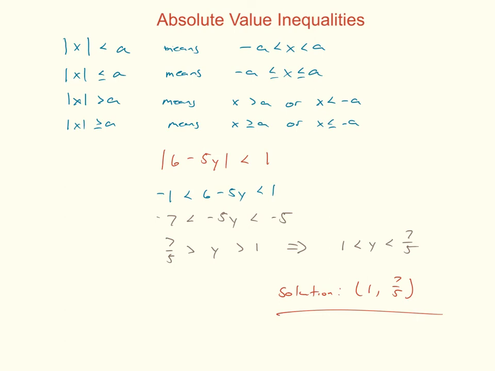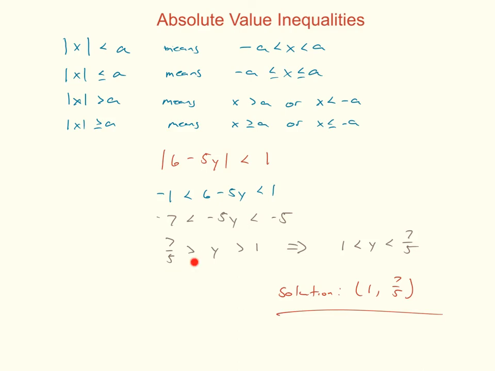In this case, I have the absolute value of 6 minus 5y is less than 1. Because it's a less than, I know I'm going to have negative 1 less than 6 minus 5y less than 1. Solving that, I subtract 6, and I get negative 7 less than negative 5y less than negative 5. Divide by negative 5, and remember, we switch the inequality symbols when I do that.